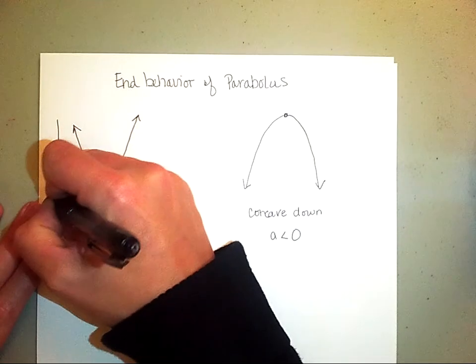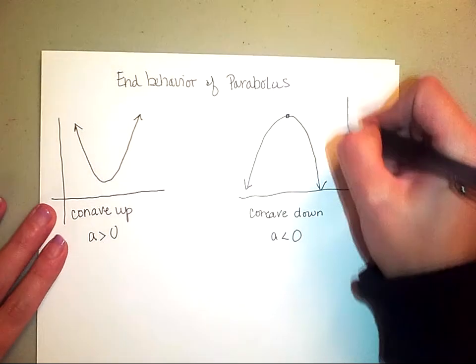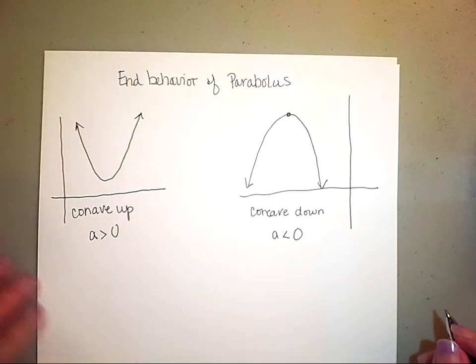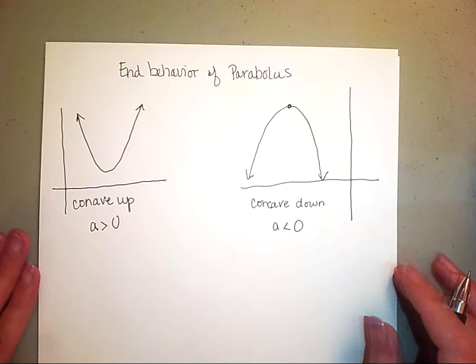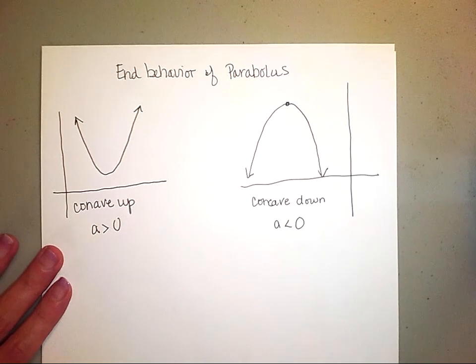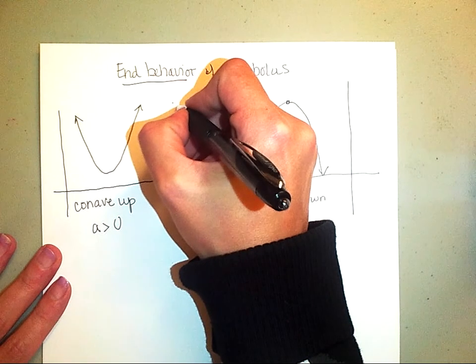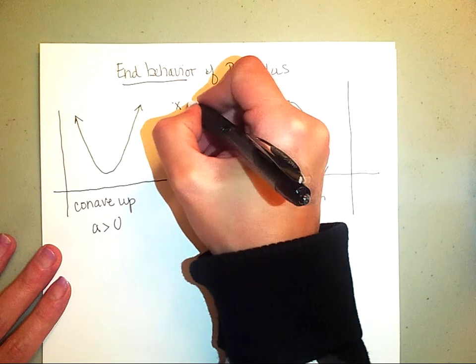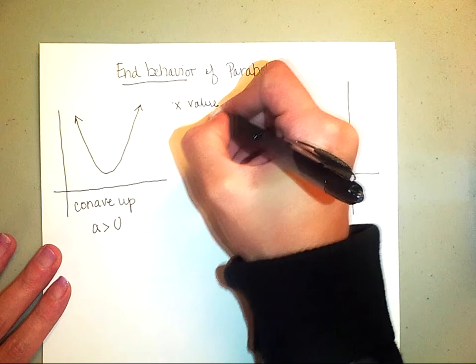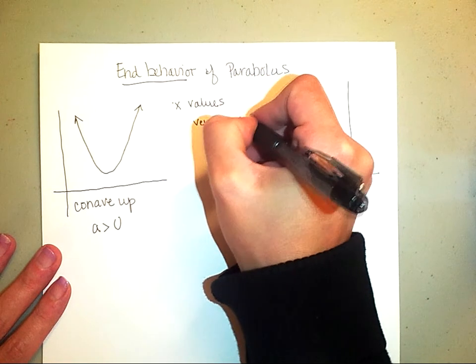And we could put them in the xy plane if you'd like. Now, end behavior means we're looking at what happens at x values very large.